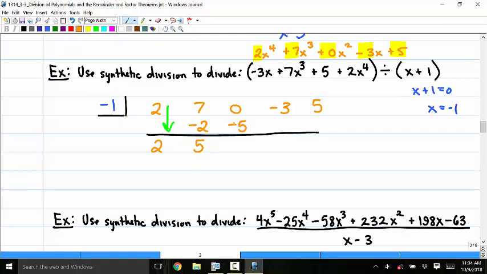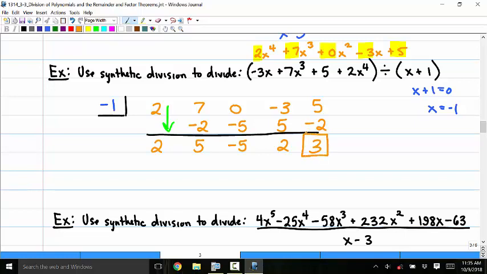Add 0 plus negative 5. Multiply negative 5 times negative 1 is 5. Add negative 3 plus 5, 2. Multiply 2 times negative 1, negative 2, and add 5 plus negative 2.